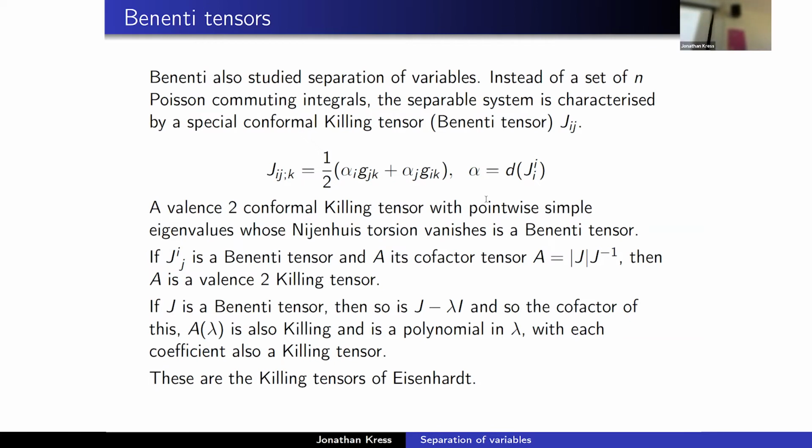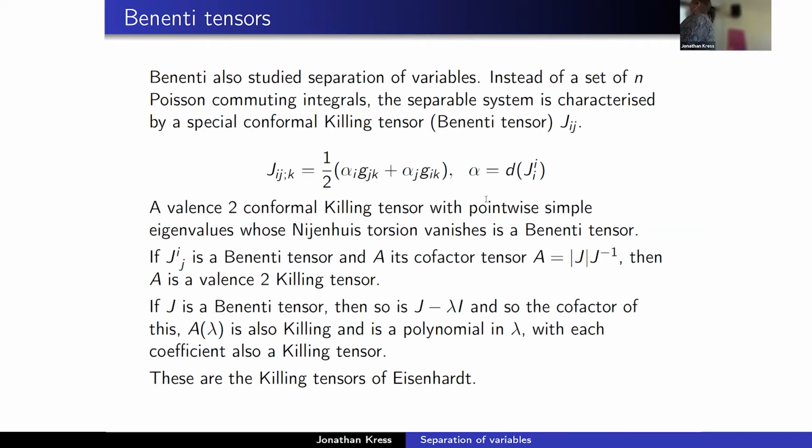Who knows what a conformal Killing tensor is? Hands up. A conformal Killing tensor is what you get if you symmetrize this equation. If you have a valence 2 conformal Killing tensor with pointwise simple eigenvalues whose Nijenhuis torsion, this is a word I've read before, vanishes, it is a Benenti tensor.